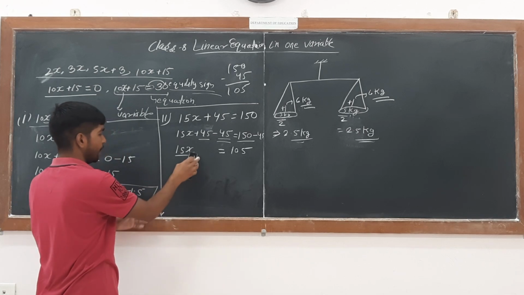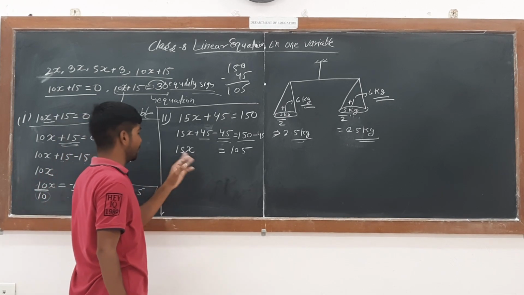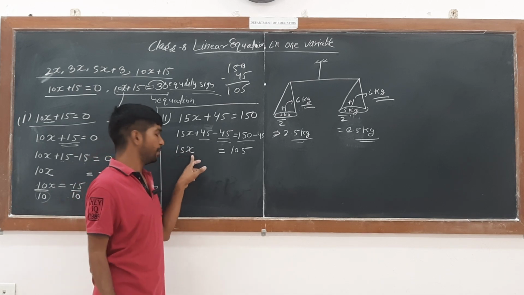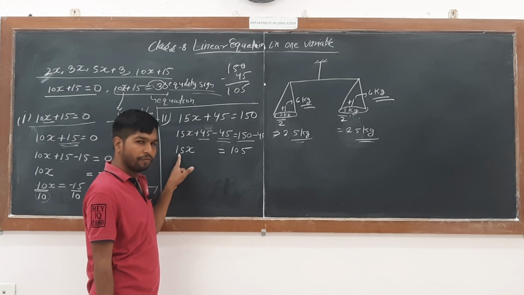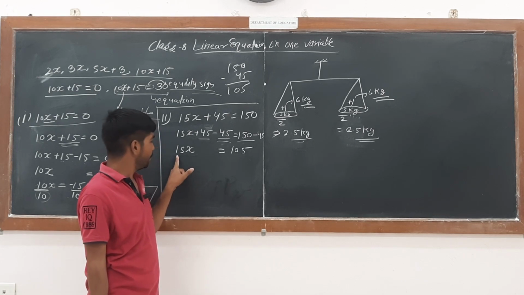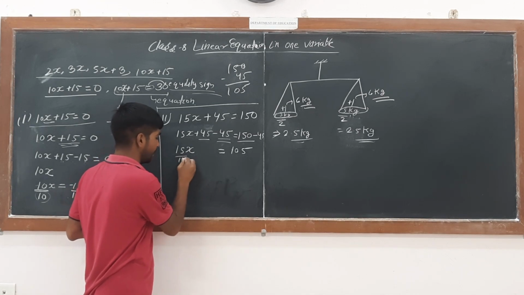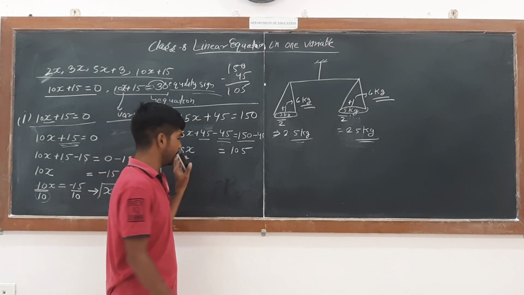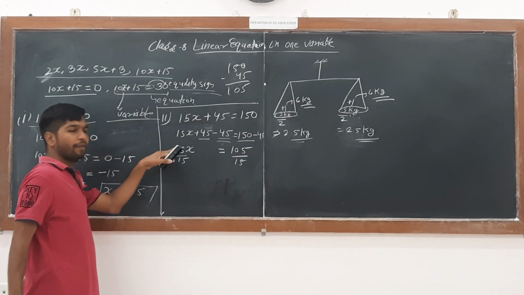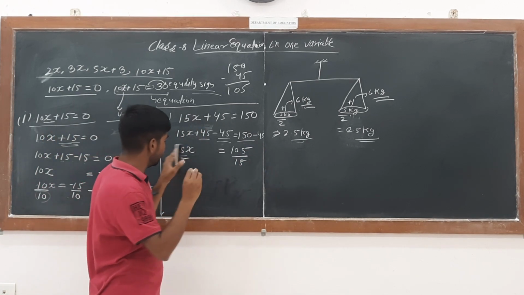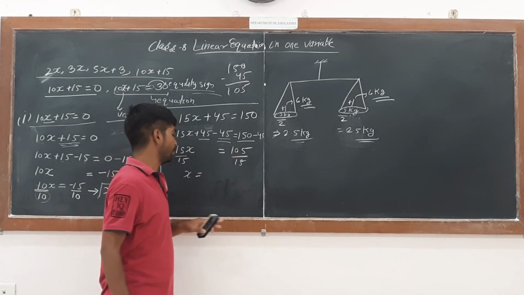Here x is multiplied with 15, or in other words, 15 is multiplied with x. So if I want to get the value of x, I have to remove 15. If it is multiplication, I have to divide by 15, so on the right side also I have to divide by 15. Now 15 divided by 15 will give me 1, and 1 into x will give me x.